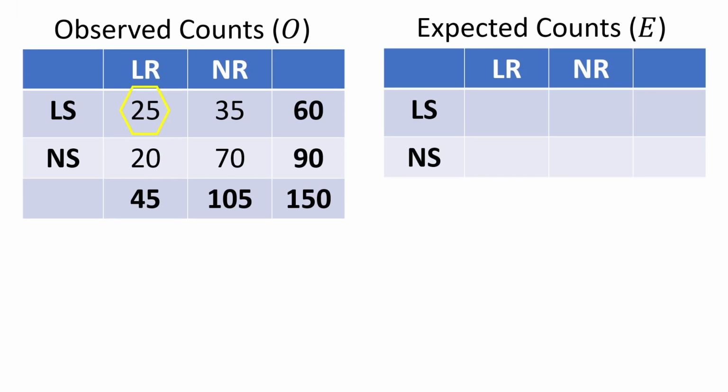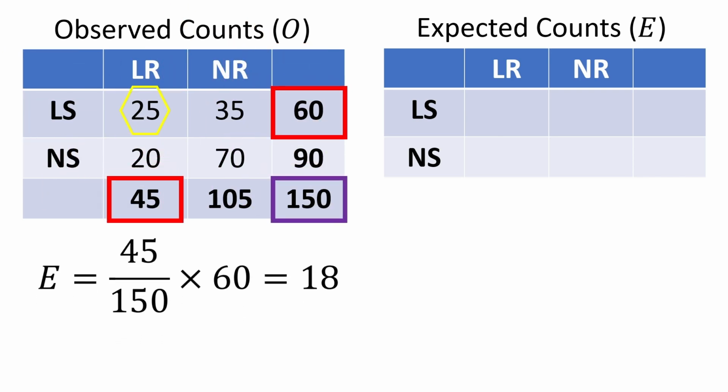Having said that, let's just get some practice using the formula. So we're calculating expectations. We did the first one already. So we took the column total, 45, divided by grand total, 150, multiplied by the row total, 60, we got 18. So for the first cell, the expected count is 18. Pause the video and take a moment to calculate the expected count for the next cell, for the next contingency marked in green here.